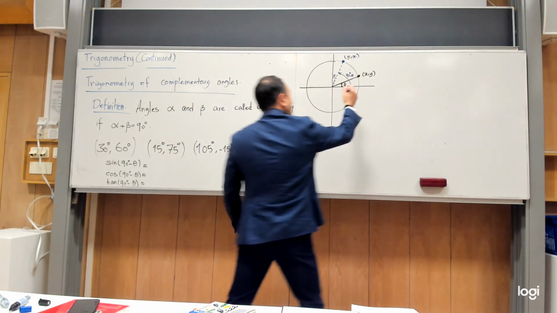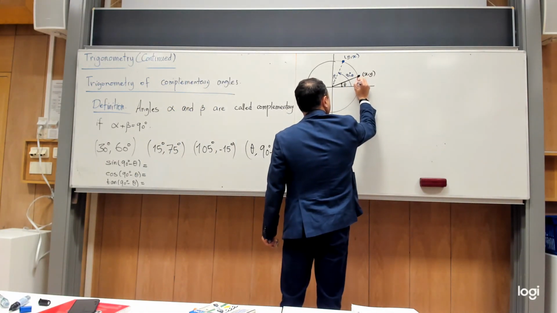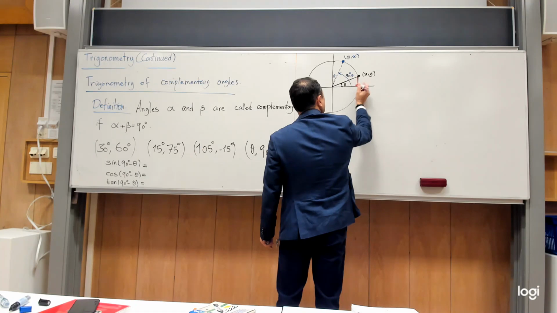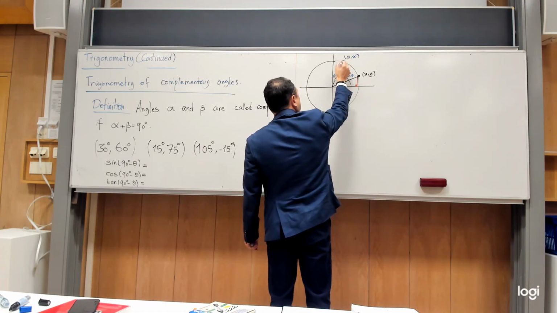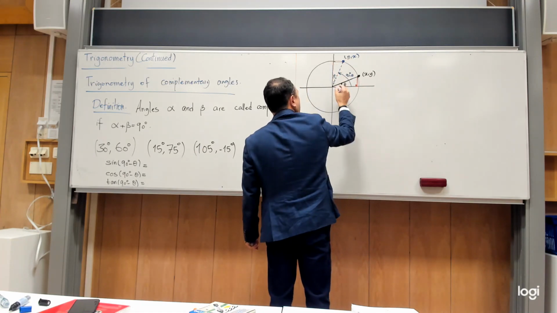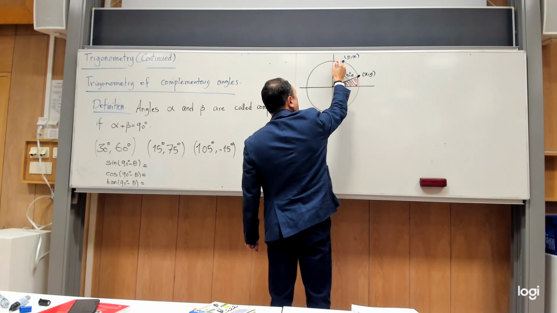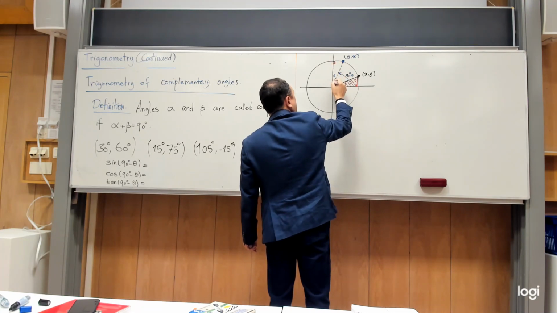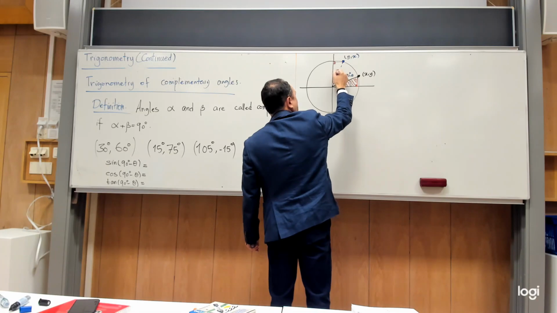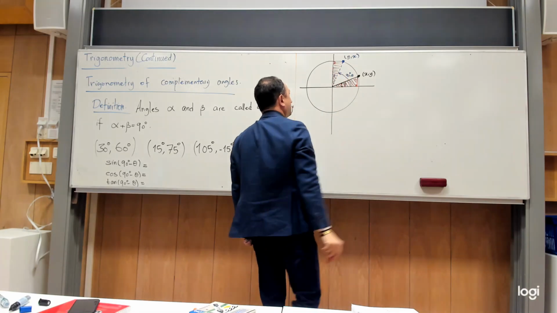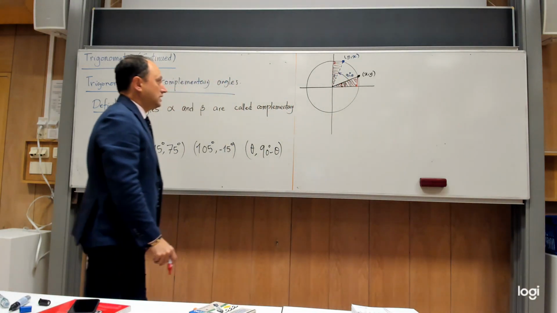if I draw a vertical line here, first of all, I hope that you agree with me by a symmetry argument that this triangle that you see here, this is theta, this is 90, this is 90, this is theta. And by the way, the hypotenuses are the same, they are the radii of the circle, so these two triangles are congruent, actually, this is the technical term.